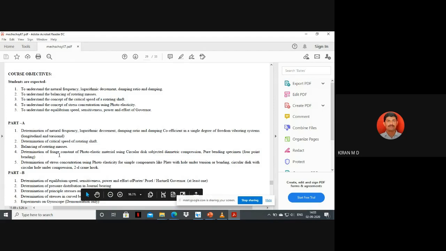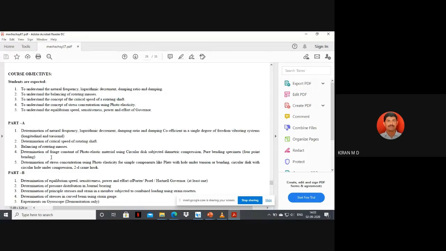Again, we have the determination of fringe constant of photoelastic material. We are going to use photoelastic material to calculate the stress for different types of specimen components using the fringe constant concept. Here, without breaking the specimen, we can find the stress.